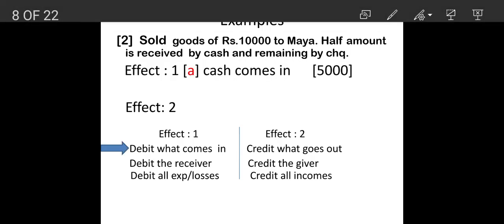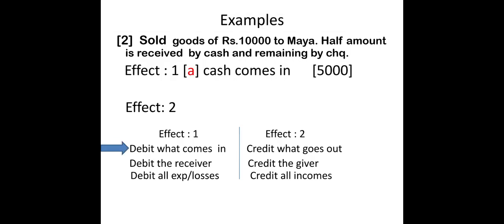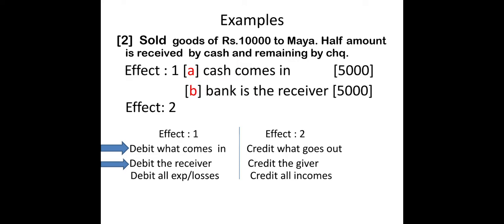Yes, cash comes in because we are receiving cash. 5,000 we are receiving by cash, and another 5,000 we are receiving by check. Okay, so bank becomes the receiver. Okay, so we have applied the debit what comes in rule as well as debit the receiver. Both are applicable. Done. And in effect number 2, there is only one sentence on what goes out. Credit what goes out.